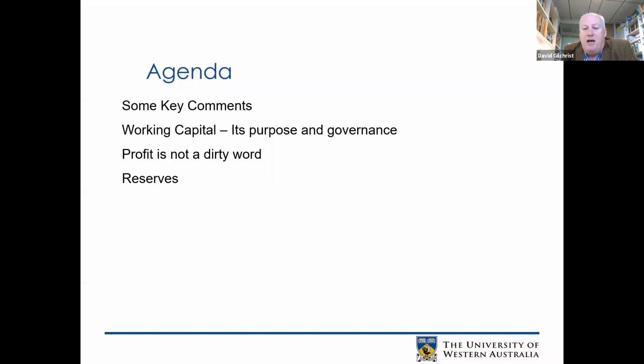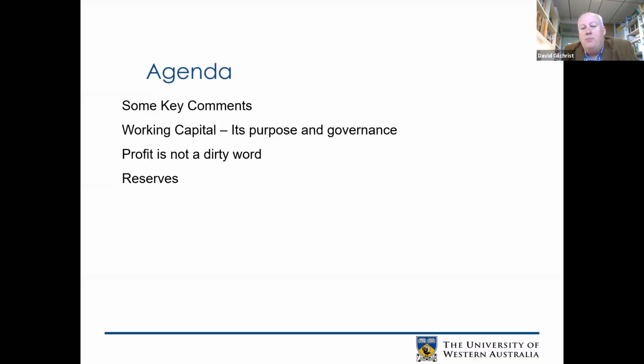But also perhaps to have some discussion around some of the communications and other threats that might be relevant to charities and not-for-profit organisations considering these areas, particularly in relation to profit. I want to make some key comments in relation to sustainability, because working capital, profit and reserves are all relevant for the sustainability of an organisation in the short, medium and long term. I want to contextualise my comments in that regard first.